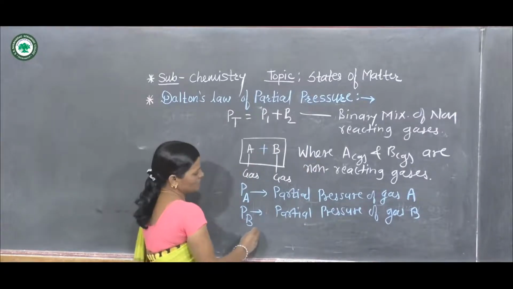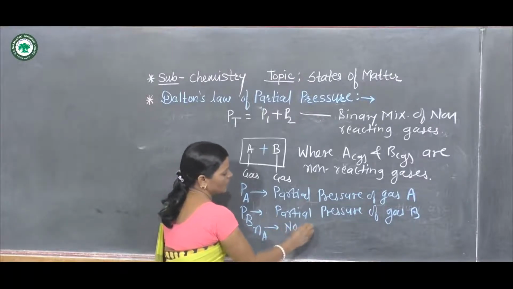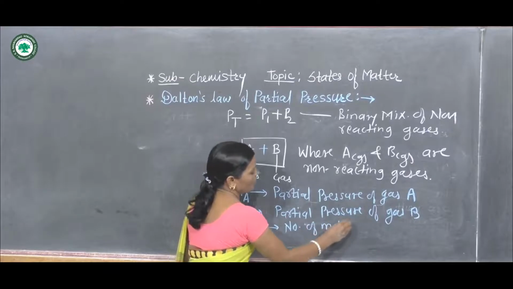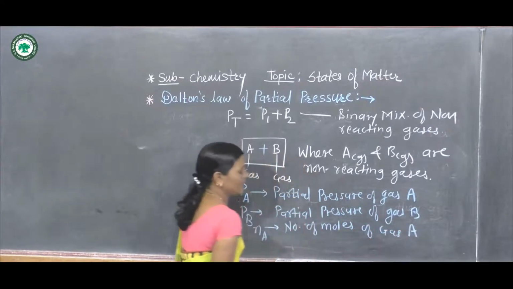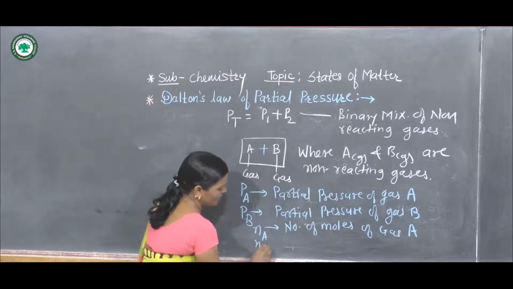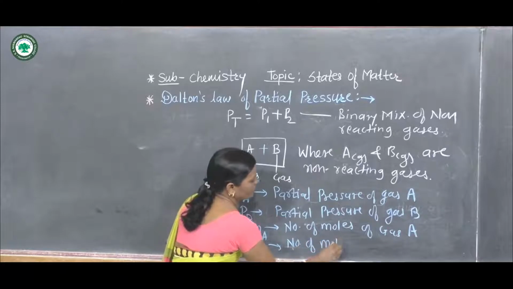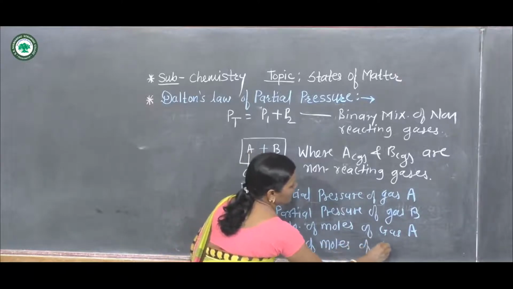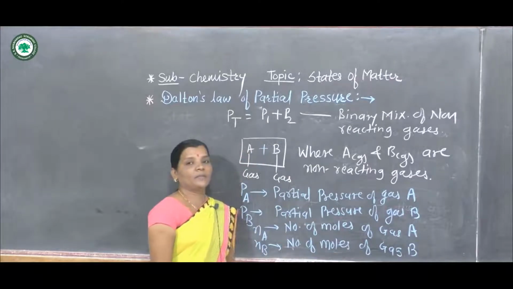And suppose Na be the number of moles of gas A in the container, and Nb be the number of moles of gas B in the container.